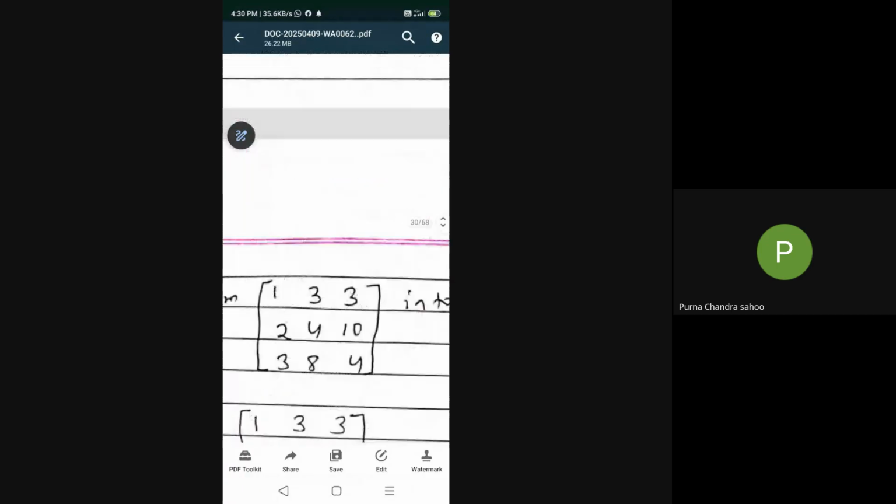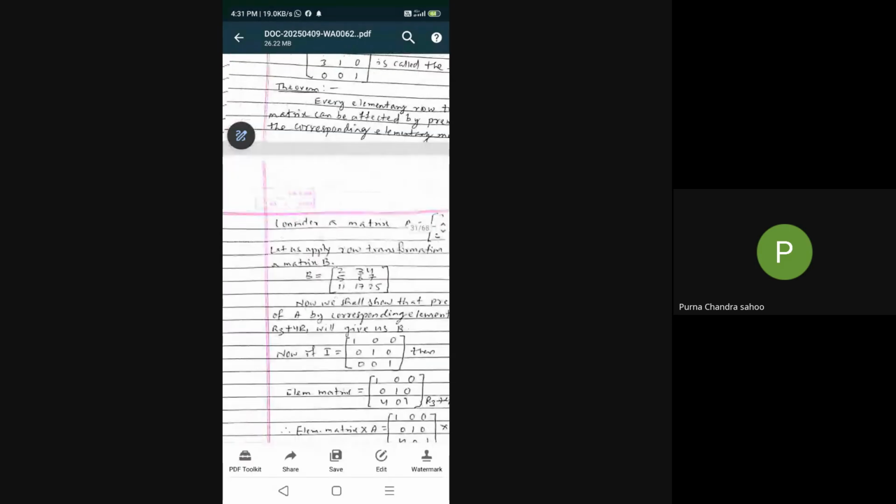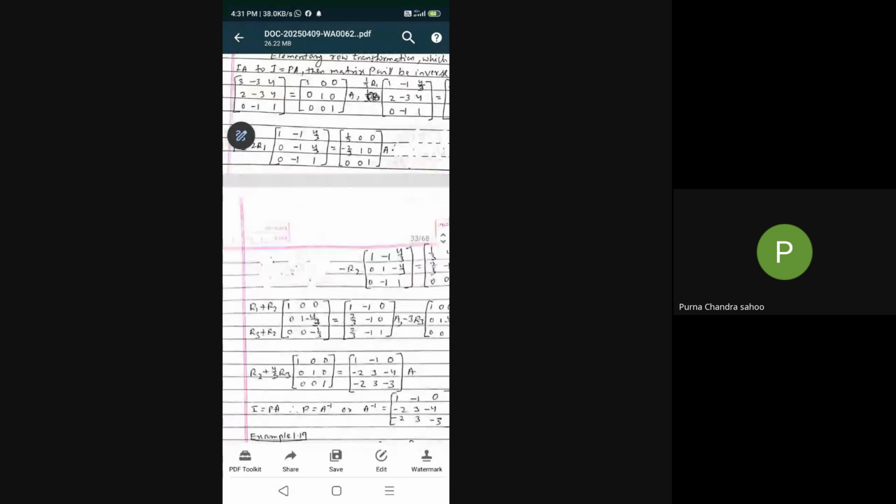Let us see this. 1, 3, 3, 2, 4, 1, 3, 8, 4. So the complex conjugate of each number is itself because there is no imaginary part. Then transpose it. So it is the Hermitian conjugate. Are you getting it? If you have an imaginary number, let us have an example.